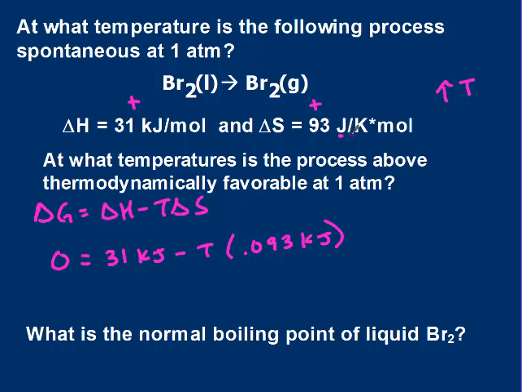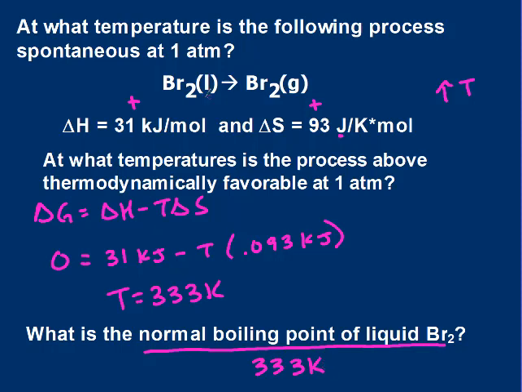Solving this out, temperature is equal to 333 Kelvin. That's the normal boiling point of liquid bromine. This is a liquid, this is a gas, so at equilibrium, it would be boiling, and this is our equilibrium temperature.